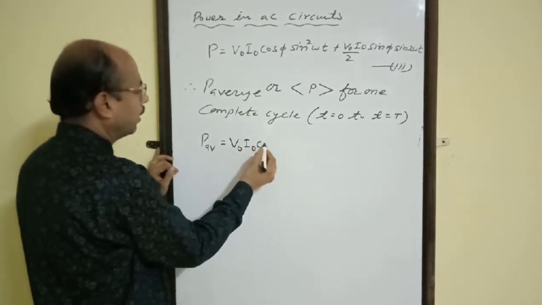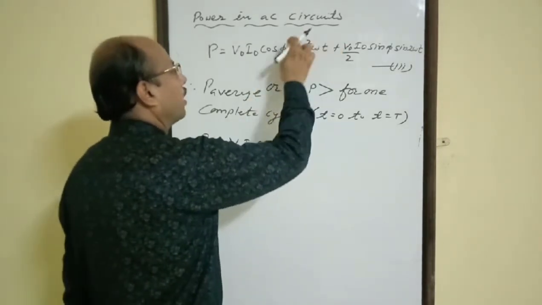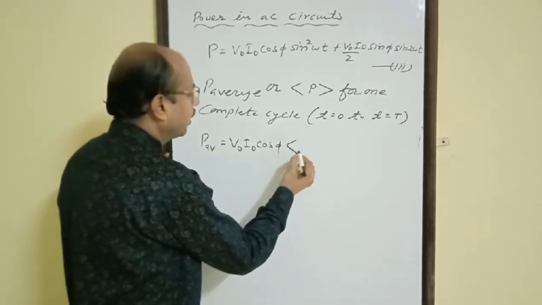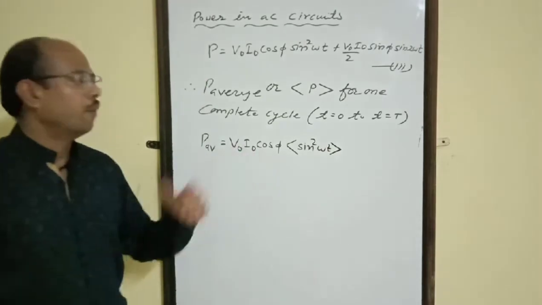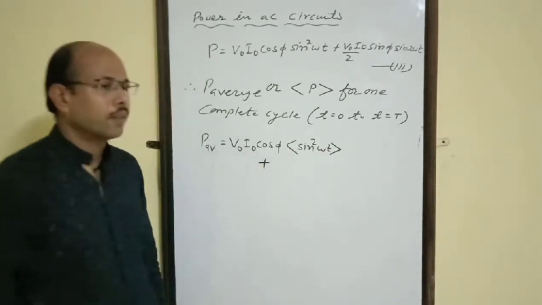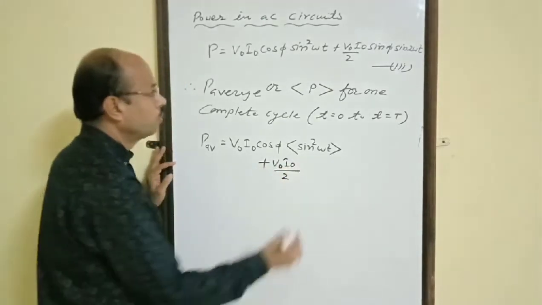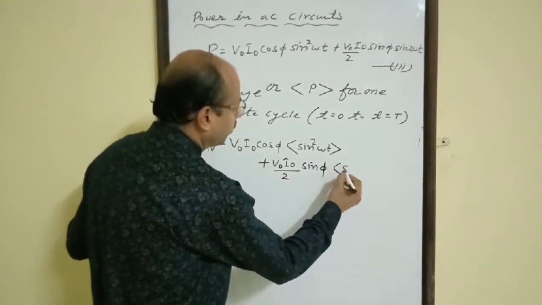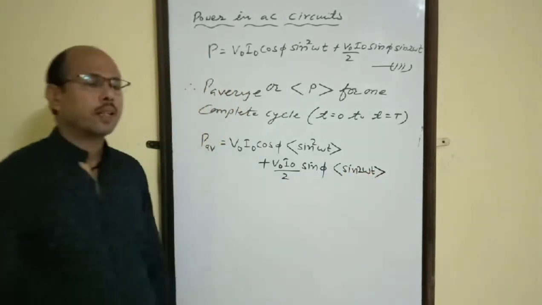V naught I naught cos phi, and we have to take the average of sine square omega t for one complete cycle. Similarly, the second term: V naught I naught by 2 sine phi and the average value of sine 2 omega t for one complete cycle.